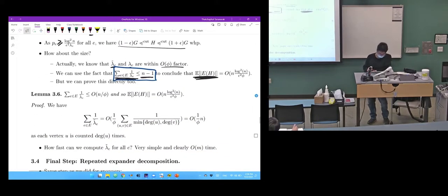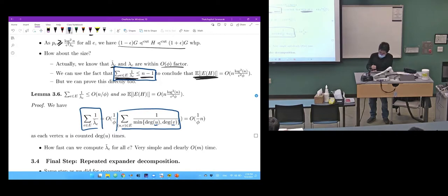Because you see, if you set lambda tilde e to be like this min degree, the minimum of the degrees times phi, then when you sum over all edges, you have this much, right? And what is this sum?